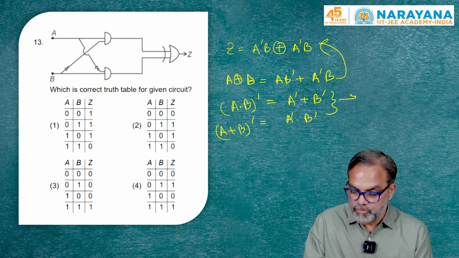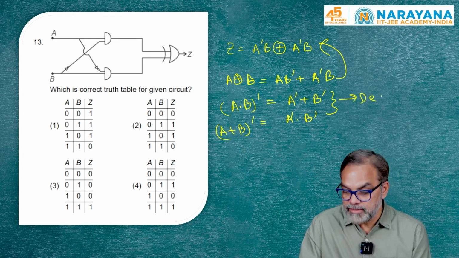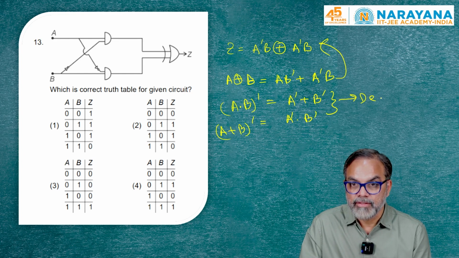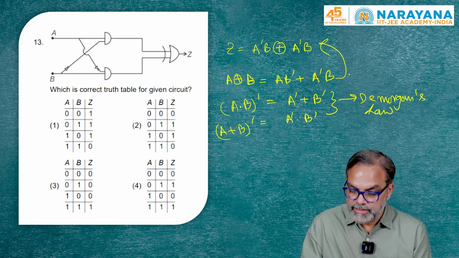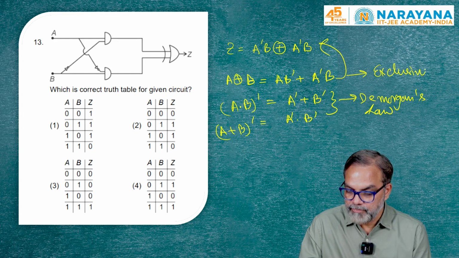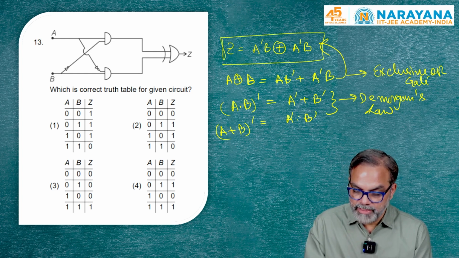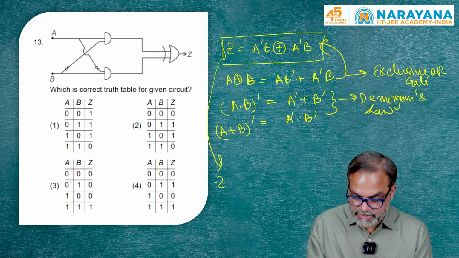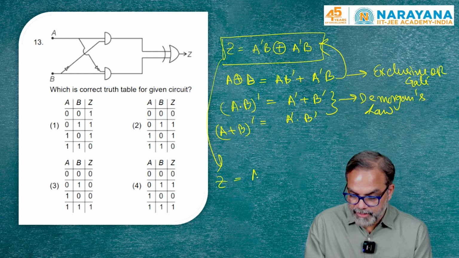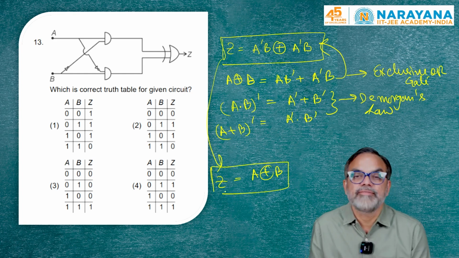So these are the two De Morgan's laws, and this is the definition of exclusive OR gate. Once we make use of these two, I will come to know that this Z is nothing but A exclusive OR B, that it is an exclusive OR gate.